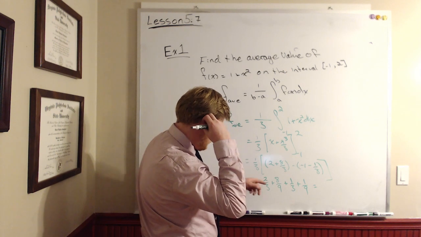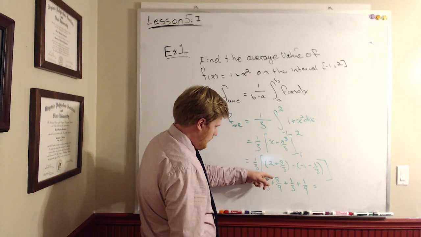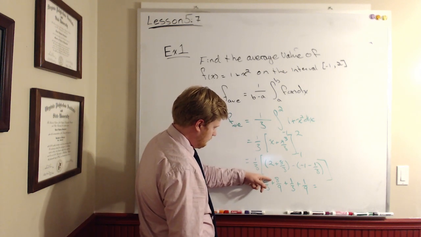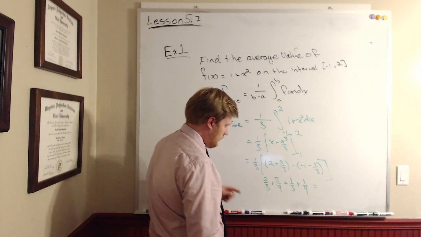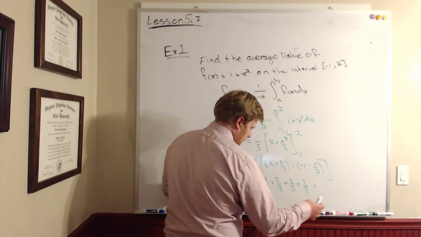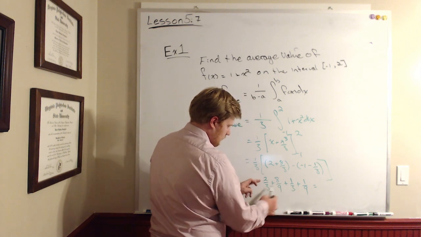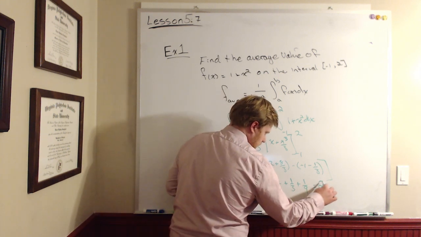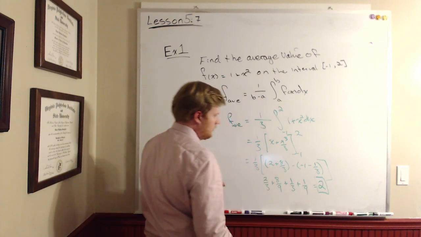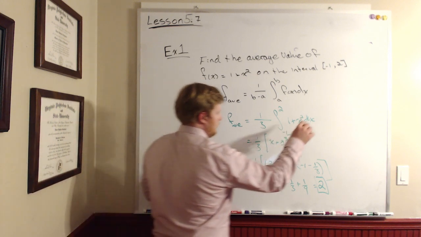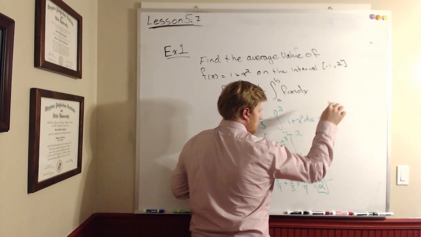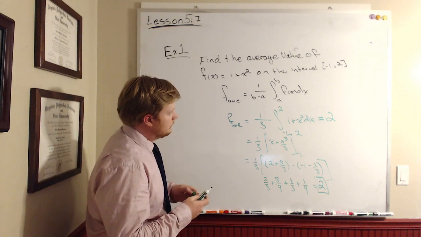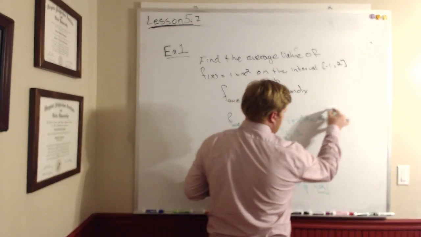So I have 8/9 and a 9th is 1, and that's 1, so 2. So the answer is 2. So average value is 2. Answer.